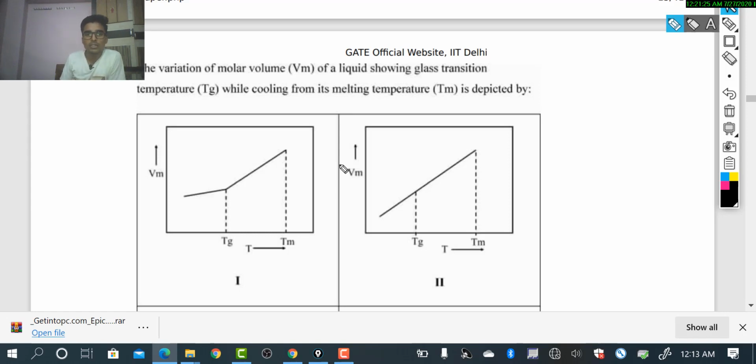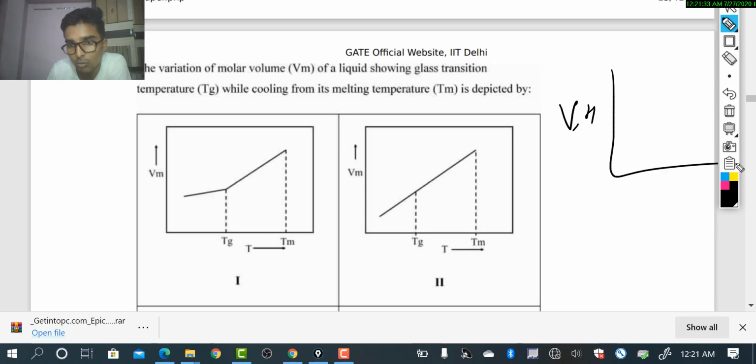We know for any crystalline or amorphous material there is a typical curve of molar volume or enthalpy against temperature. In the liquid or melt portion the volume decreases with temperature, and at the melting point it drastically reduces for crystalline material.